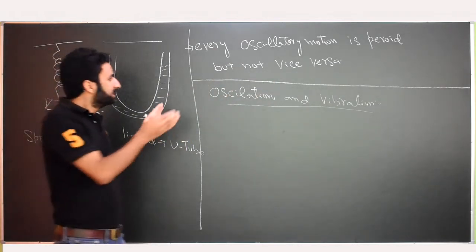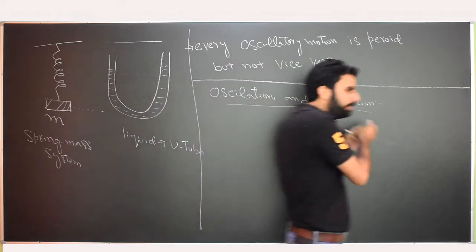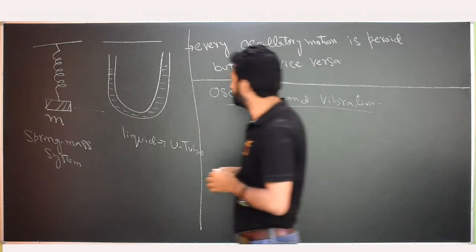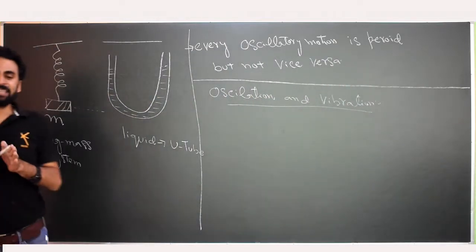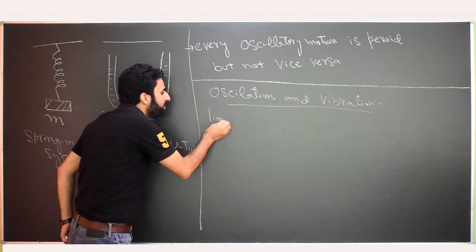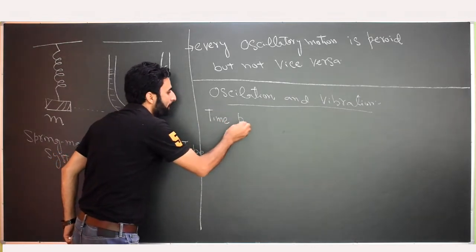For understanding the difference, and before we come to the topic of simple harmonic motion, we should understand two terms known as time period and frequency.